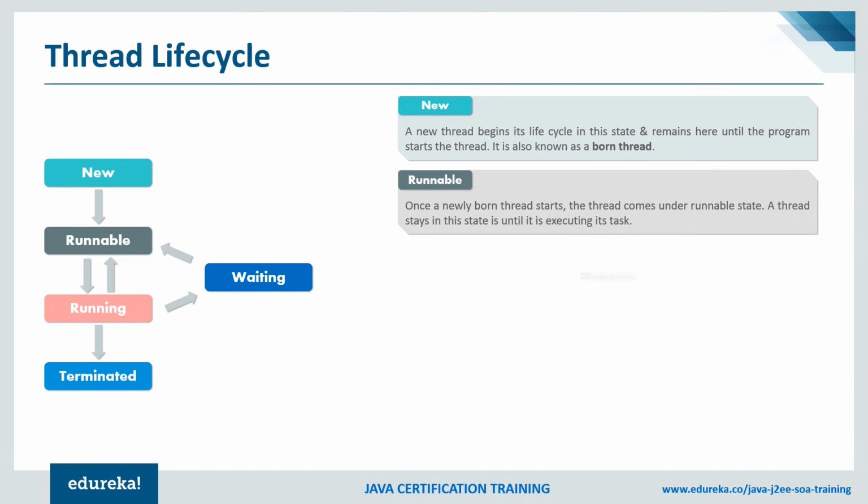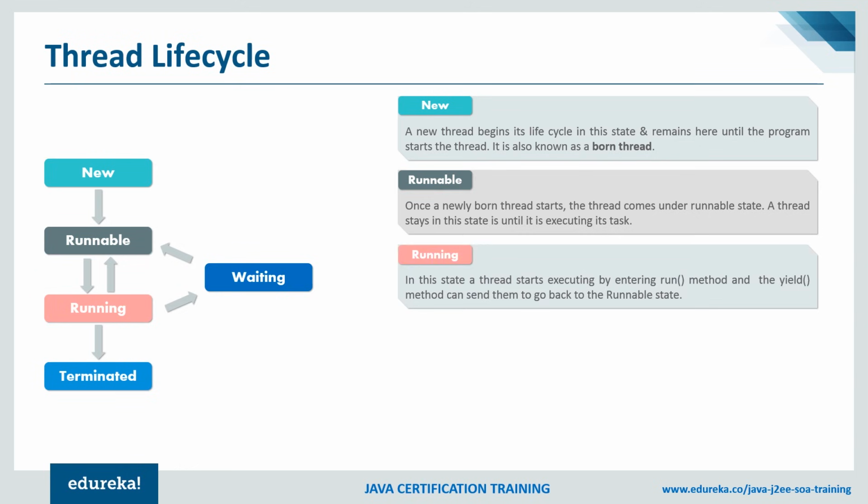Once we start the thread, the state changes to the runnable state, so that it can run. And finally, your thread is now running. Running means it is executing the run method, which is the method we have to override from the Thread class. And we even have the yield method that can send it back to the runnable state again.